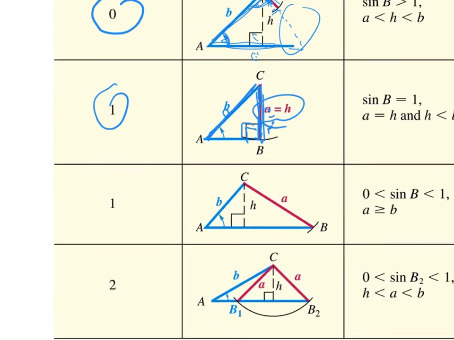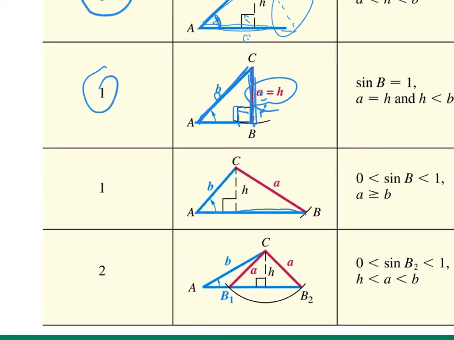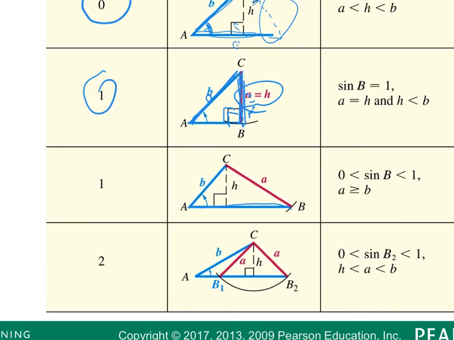Now, if you had the two measurements, again, you have side C being the longest, and A is also longer than B, which would make sense. This angle's locked in place, so you're going to get this measurement out.